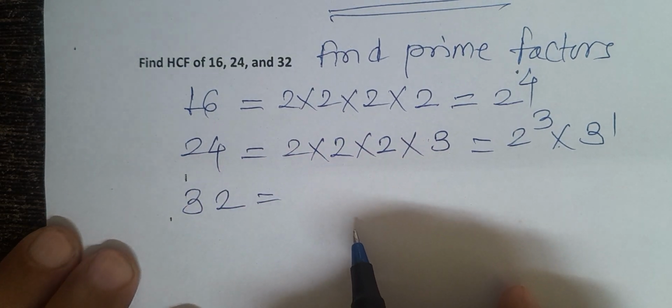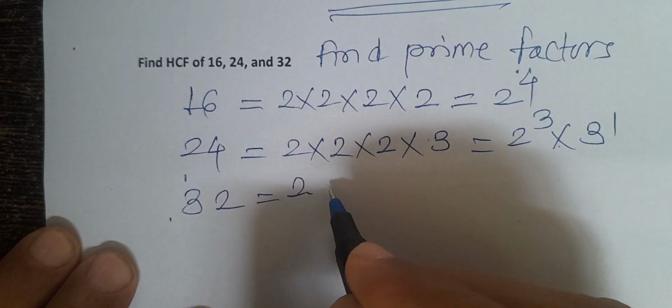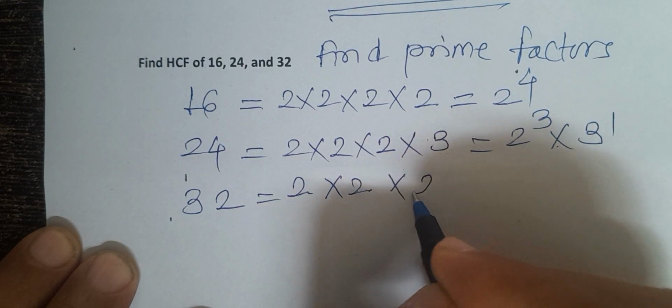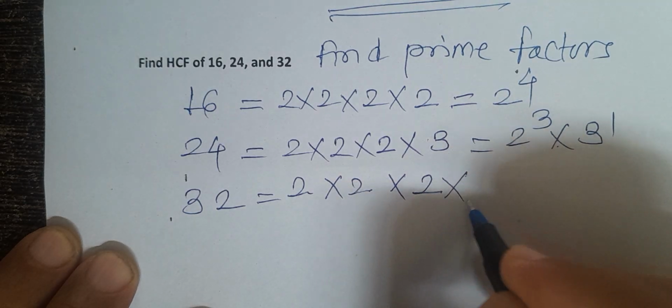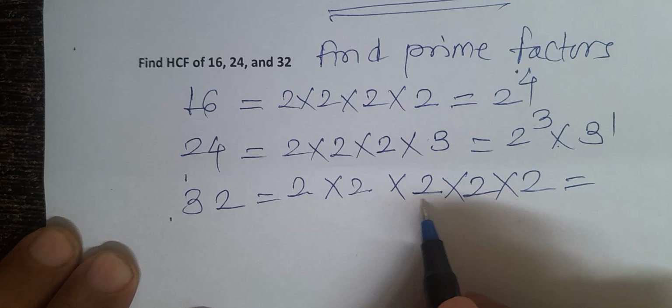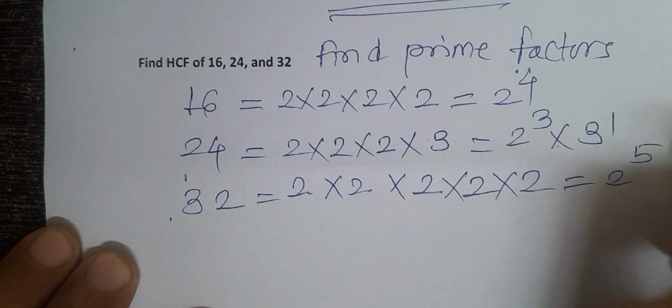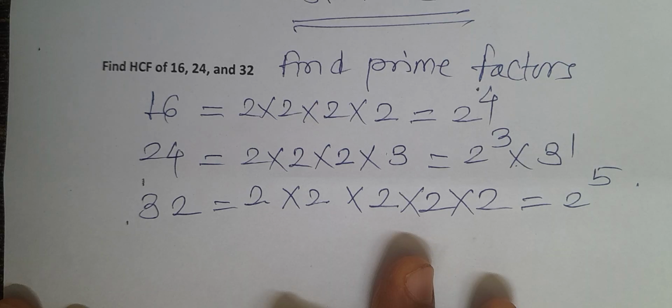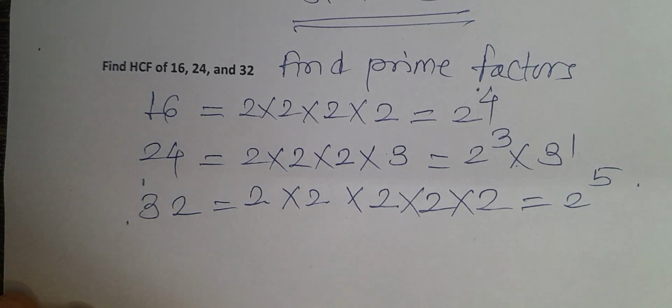So 32: 2 into 2 is 4, 4 into 2 is 8, 8 into 2 is 16, 16 into 2 is 32. So 2 raised to power 5. These are the prime factors for these numbers.